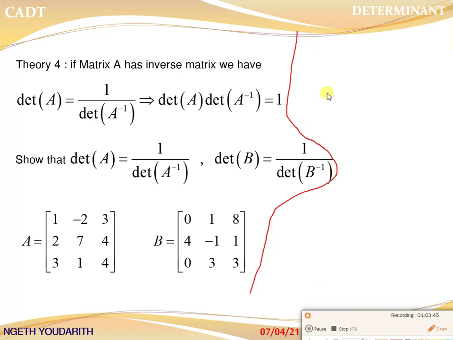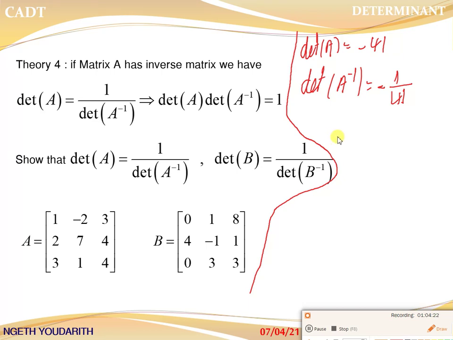So in this case, determinant A, right here, is equal to minus 21 by our calculation, and the inverse of the matrix. So the determinant of A power minus 1 is minus 1 over 21.